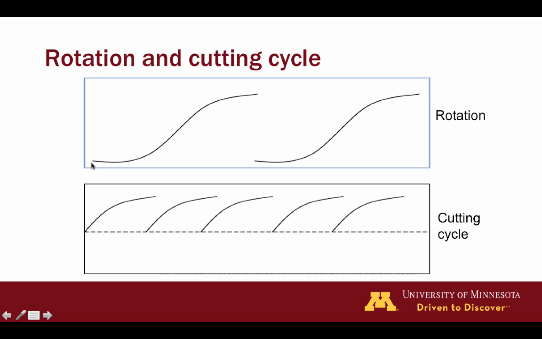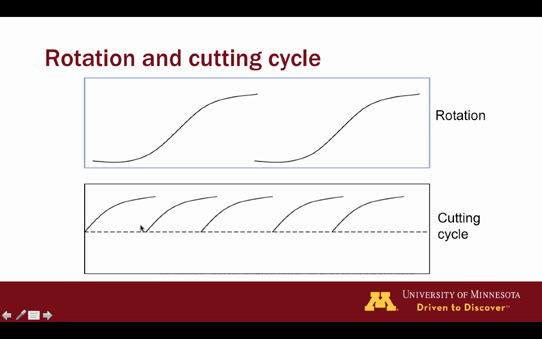So we have some kind of event, some kind of disturbance, whether it's human or natural, and we have this new regeneration. And there's increasing biomass growth. Maybe there's some tending that's going on here. And then we have our harvest or regeneration harvest. And we start again. Whereas with a cutting cycle in an uneven age stand, we're never starting from zero. And we'll go in more detail. But we have these three or more cohorts.